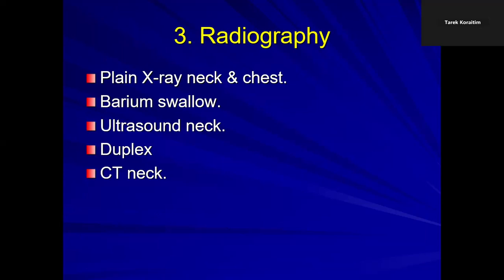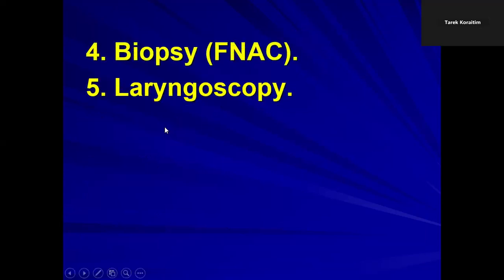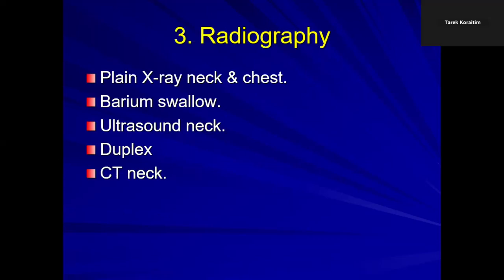But you have to emphasize that ultrasound neck is a very crucial investigation for any thyroid case. So any thyroid case should have a neck ultrasound as an assessment tool. In most cases we do not need any other imaging tool, but sometimes if we need another one, it might be plain X-ray for the neck and chest, barium swallow, duplex, or CT neck.